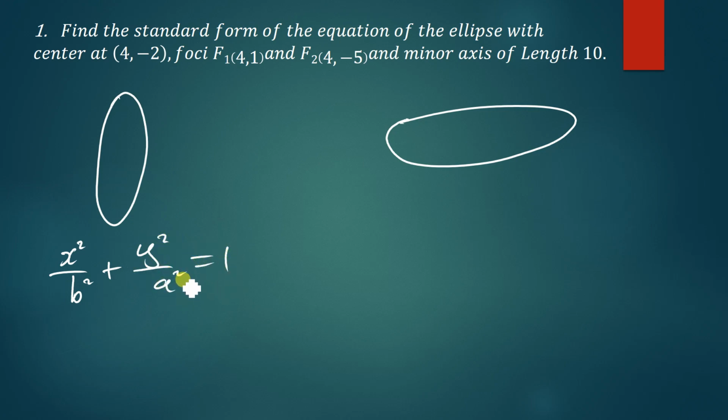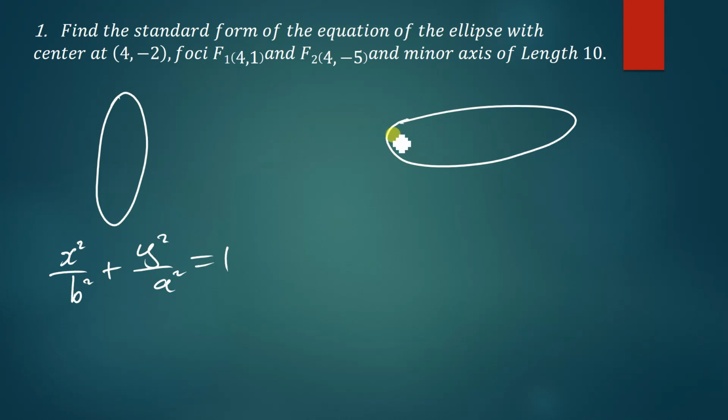You know the orientation of the ellipse by checking the variable that contains the value of a. If a is under y, the ellipse is directed along the y, or you say the major axis is parallel to the y-axis.